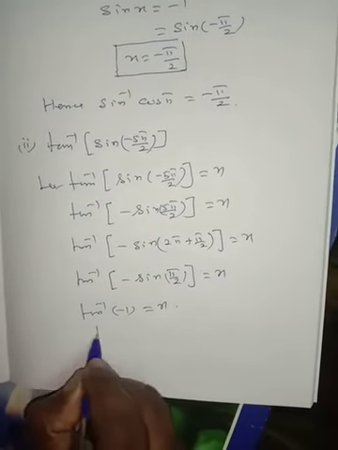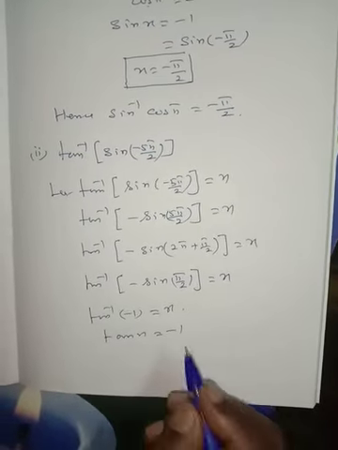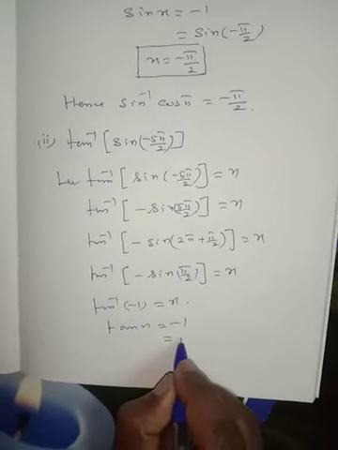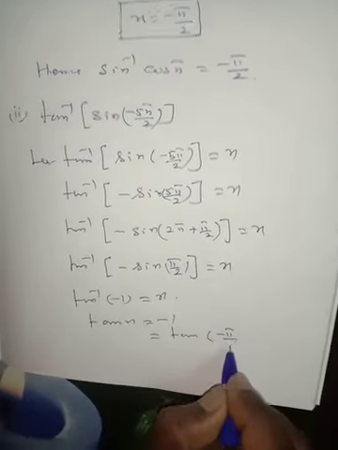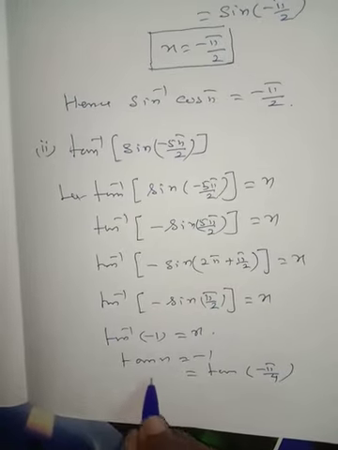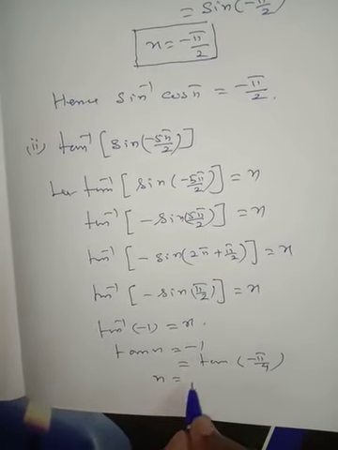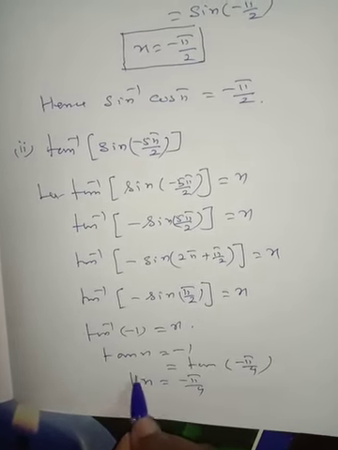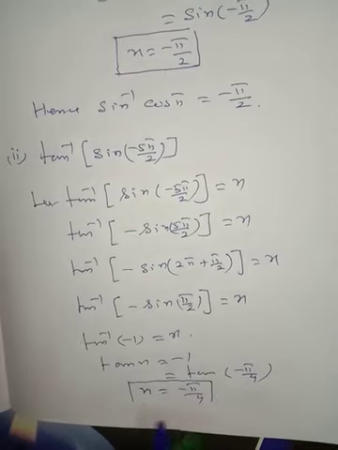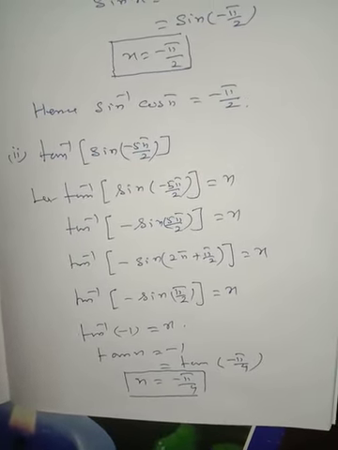Now tan x is equal to minus 1, in terms of tan of minus pi by 4. Now, taking tan inverse on both sides, we get x is equal to minus pi divided by 4. This belongs to the closed interval minus pi by 2 to plus pi by 2.